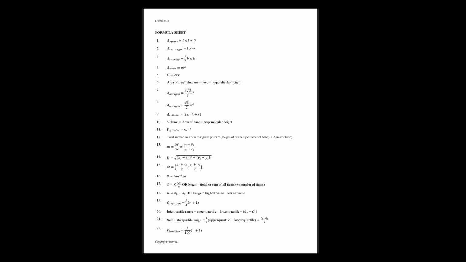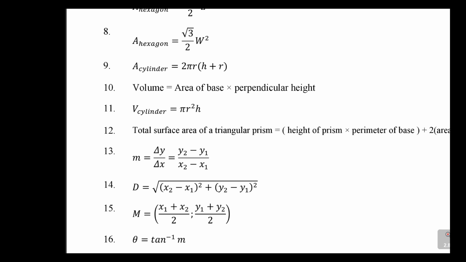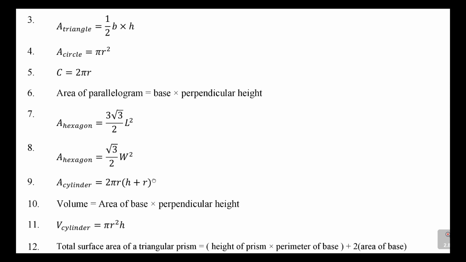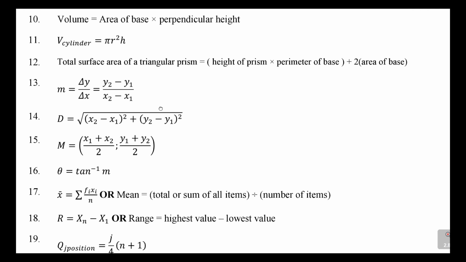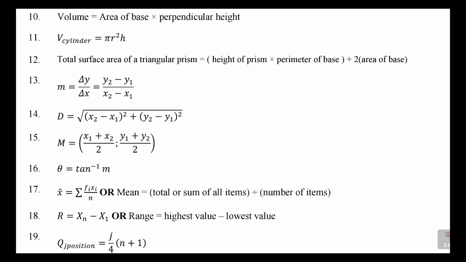So before we do that, let's look at the formulas that we are given for this. If you look at these, you definitely need to familiarize yourself with these formulas. And in this section, we are dealing with analytical geometry. It is the section from 13 up to 16.